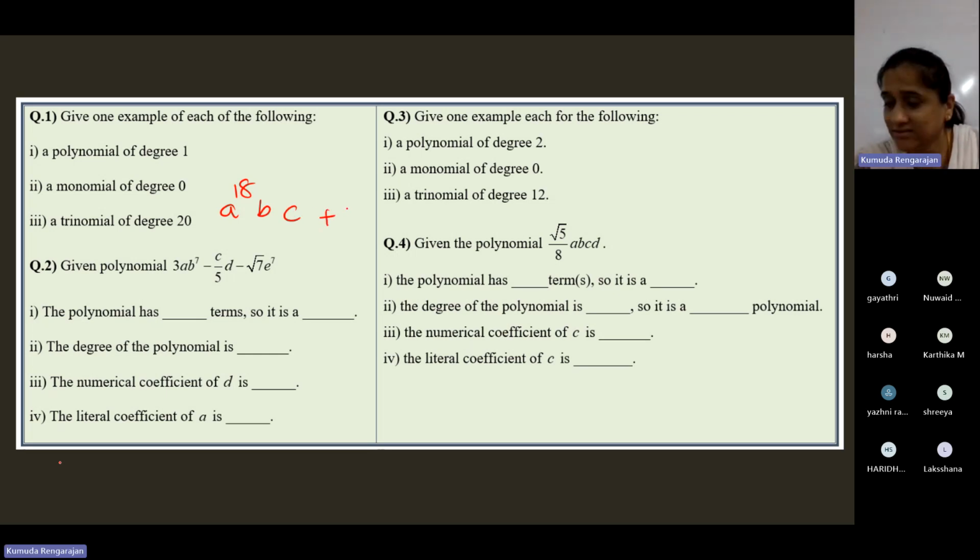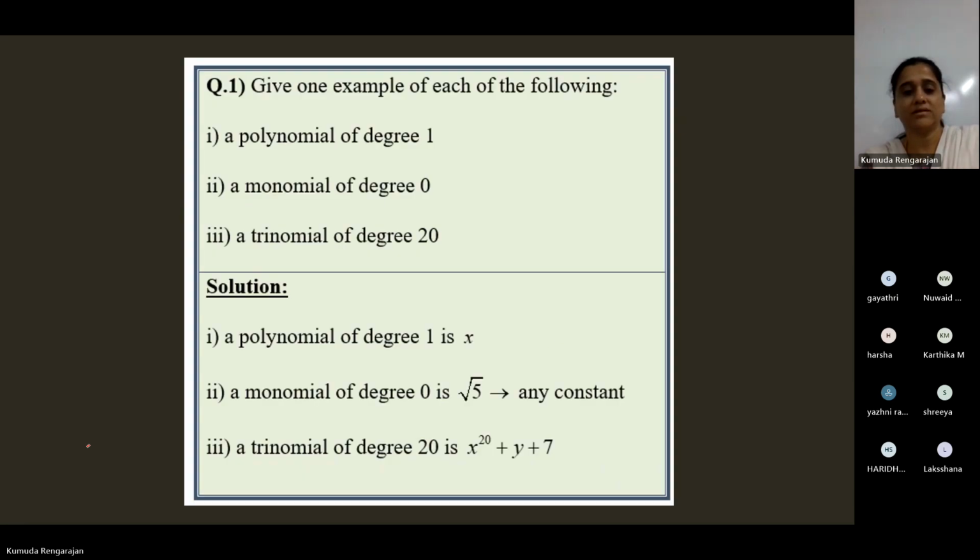Plus 18. Correct. Yeah, right on. Finish writing, Rahul.